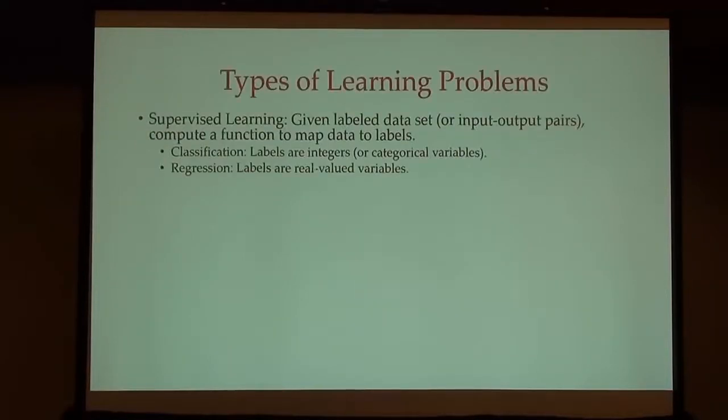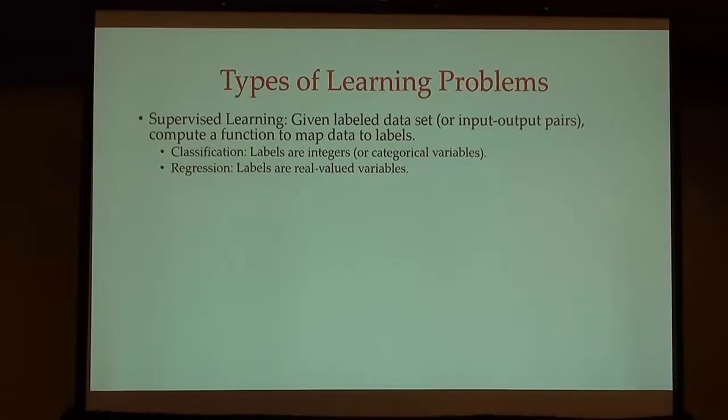So let's start from the very basics. Typically what we mean by learning can be classified into three basic types of problems. The first is supervised learning. You are given input-output pairs, or what is called a labeled data set, and you want to compute a function that maps data to labels.